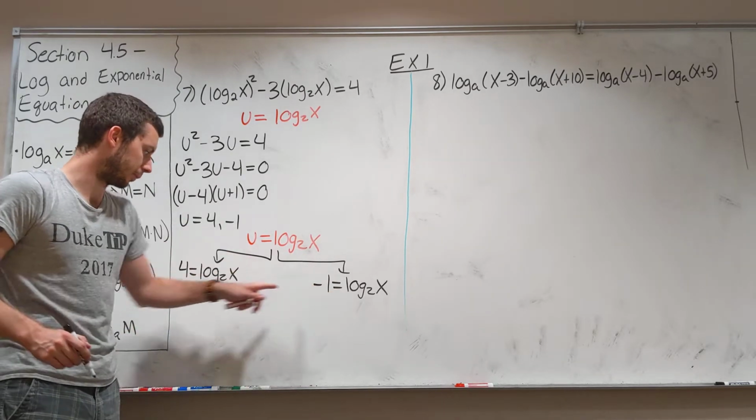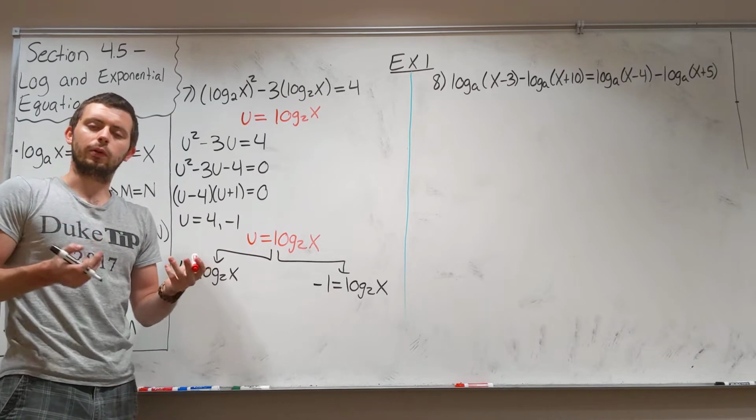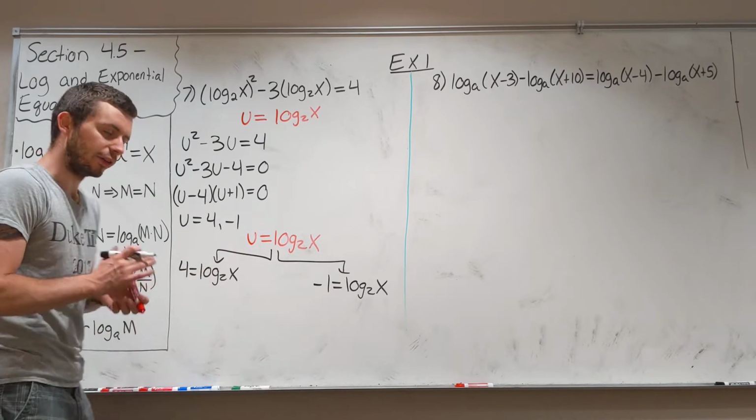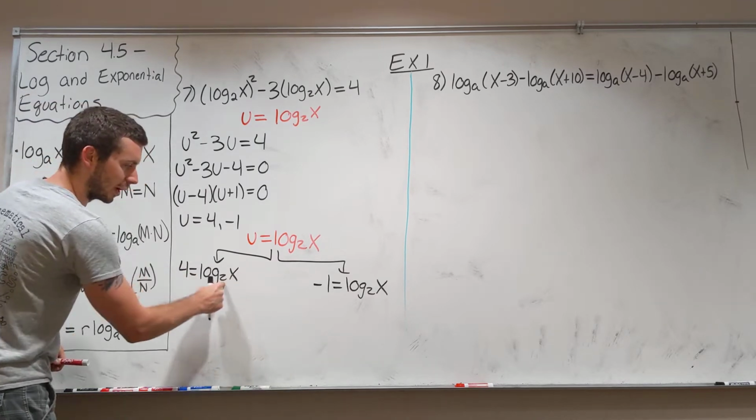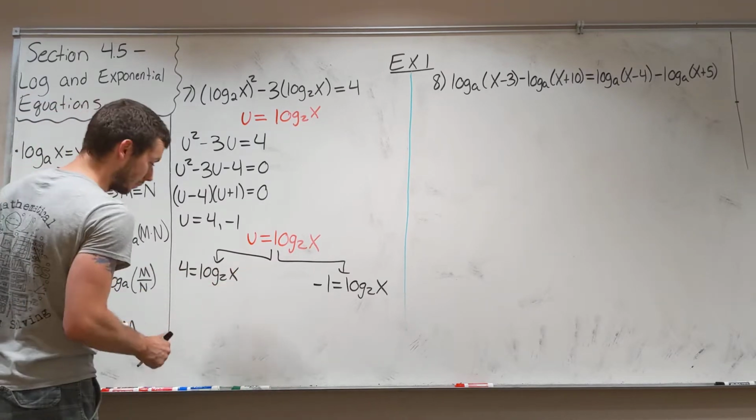There's no numbers in front of the logs. However, our visualization tends to help whenever the log is on the left-hand side of the equation, like what we had up here. That way when we loop around, we actually have something to refer to.